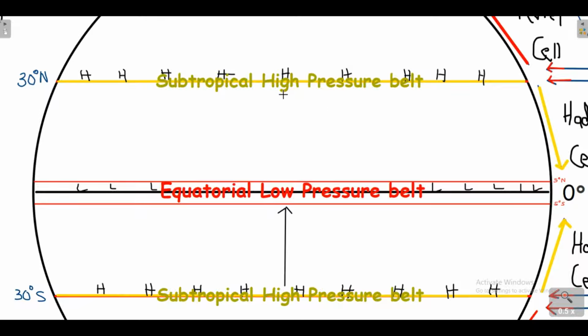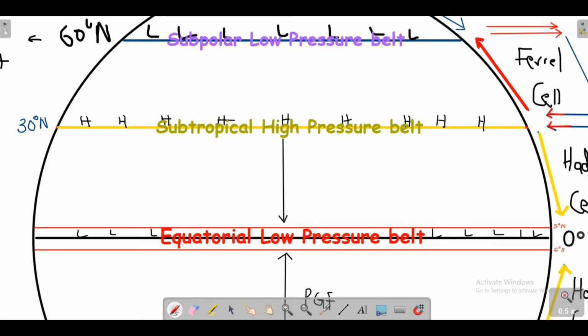And even in the northern hemisphere, that's what we expect, air to move from an area of high pressure to this area of low pressure, which is the equatorial low pressure belt. And the reason why it moves is due to the pressure gradient force. Pressure gradient force drives air to move from an area of high pressure to an area of low pressure. And so we expect something like this, but that is not correct.